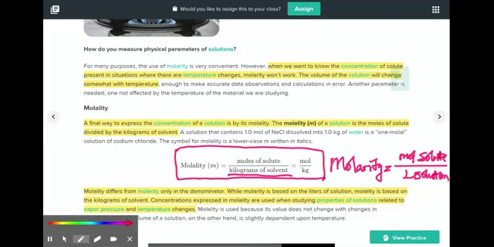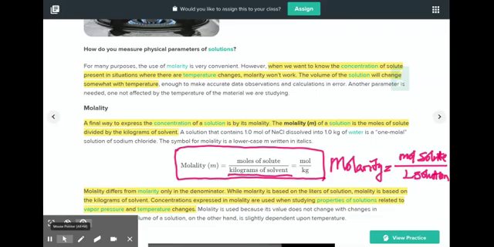So when do we use molality? We use molality to express the concentration of the solute when it relates to vapor pressure and temperature change.